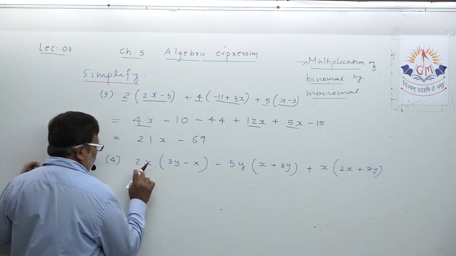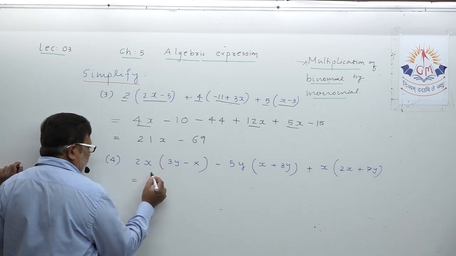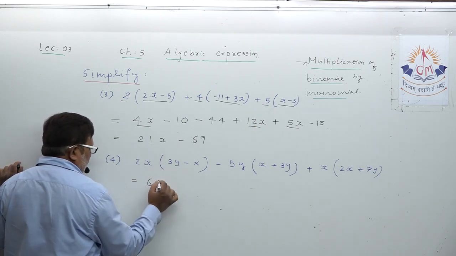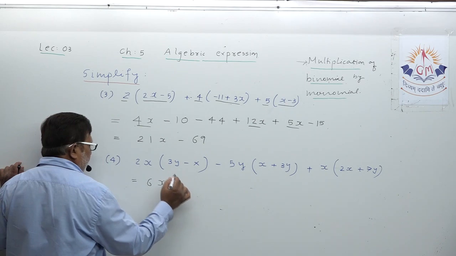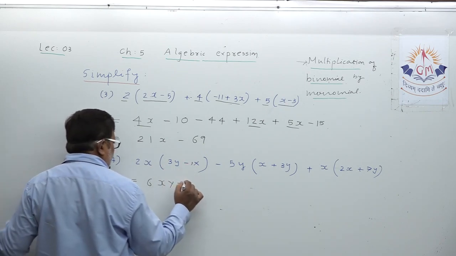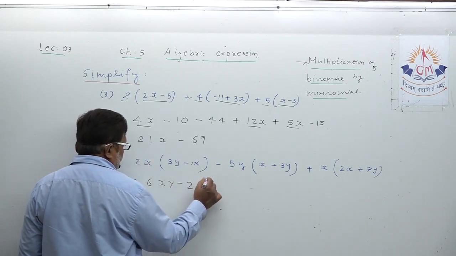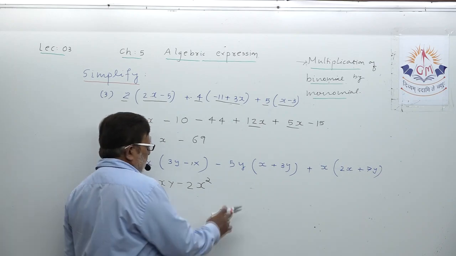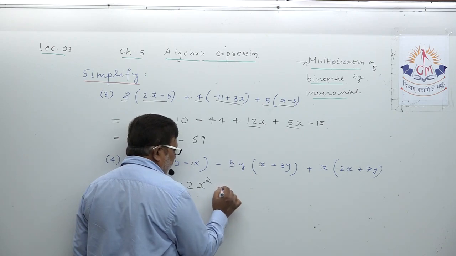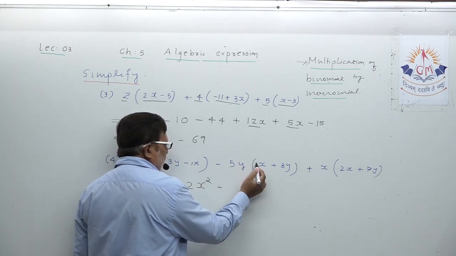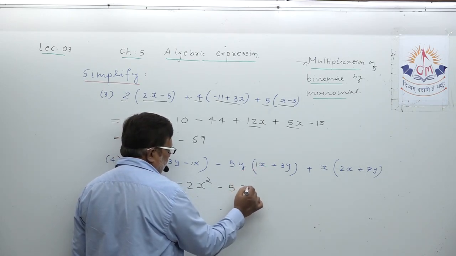Simple, dear student. Multiply 2 into 3, 6, x into y, that is xy, plus minus minus, no number means 1, 2 1s are 2, x into x, that is addition of power, x square. Now here, minus plus minus, no number here, 1 5s are 5, y into x, write in order, xy.